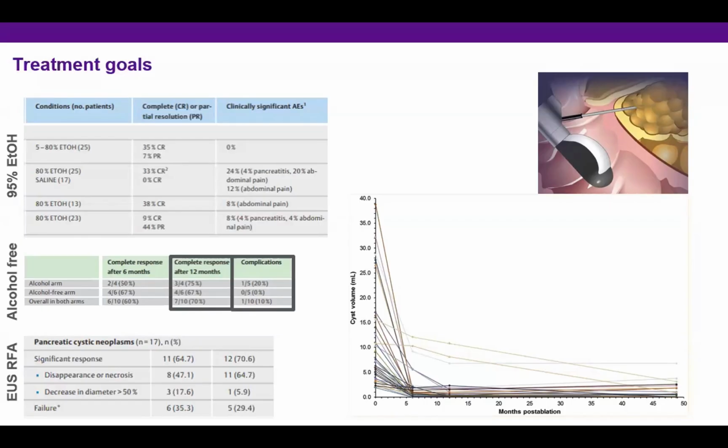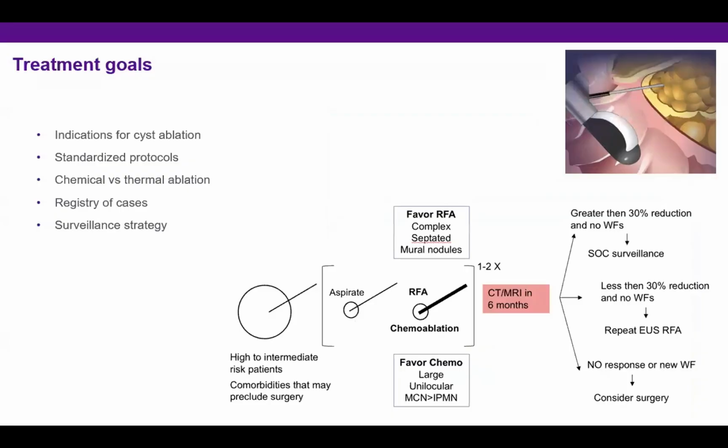But most importantly, these methods are also proving to have a significant safety profile without major adverse events.